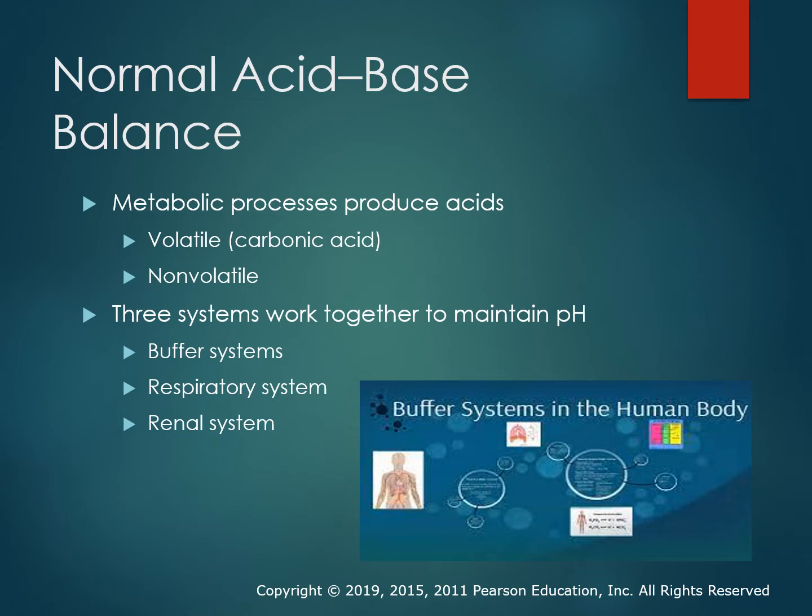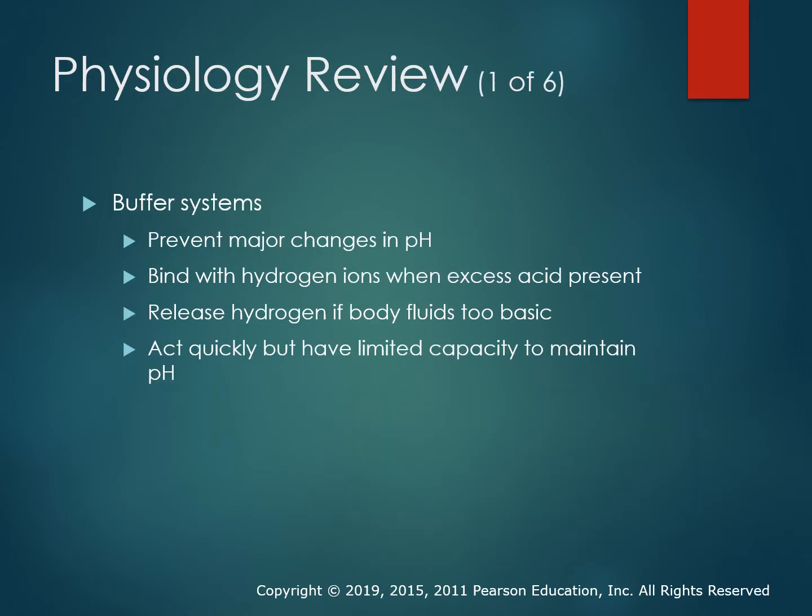Most acids and bases in the body are weak, that is, they neither release nor accept a significant number of hydrogen ions. Despite the body's continuous acid production, three systems work together to maintain pH within a normal range. These systems are the buffer systems, the respiratory system, and the renal system. So what is the buffer system?